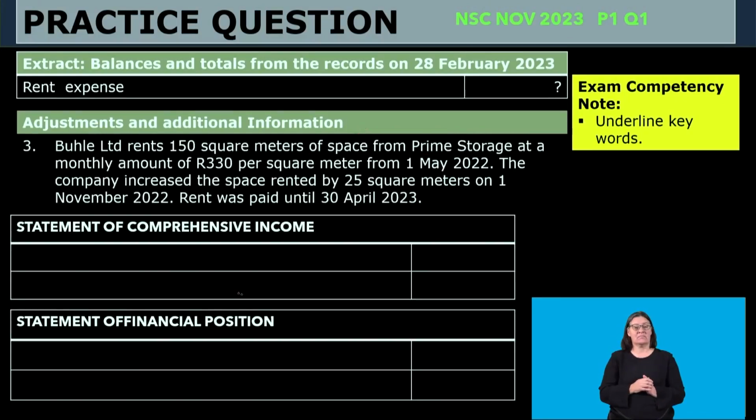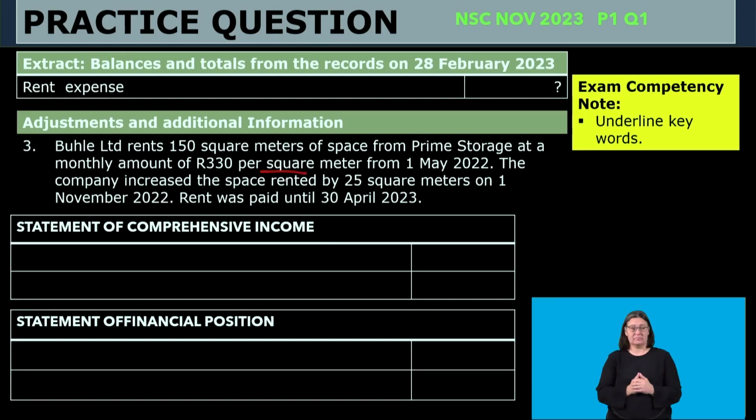The next adjustment reads, Butle rents 150 square meters of space. So this now relates to rent, okay? So we are told that she rents 150 square meters of space from Prime Storage at a monthly amount of $330 per square meter.